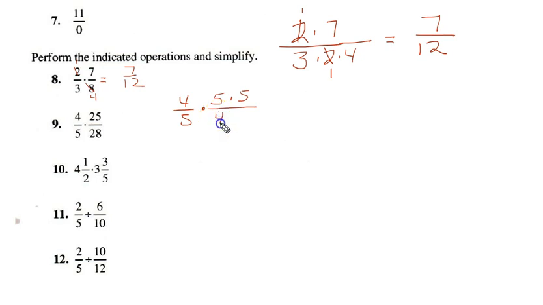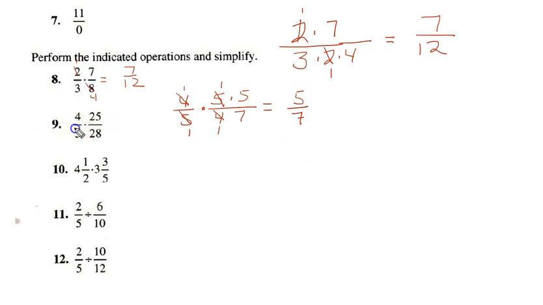So this would be 4 times 7. I could have done 2 times 2, but leaving it this way is better. So now we have a 4 over 4. So these just cancel out and give you a 1. One of these 5's will cancel out. So your end answer is 5 sevenths.